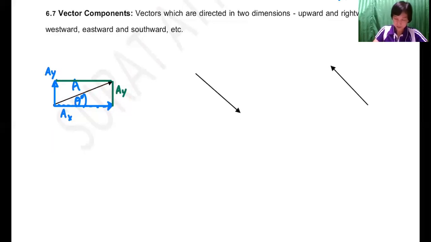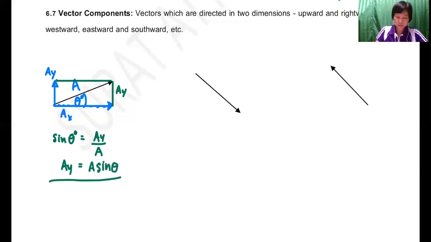Sine of any angle equals the ratio of the length of the opposite side, which is Ay, divided by the hypotenuse. The hypotenuse here is A, so I move A to multiply with sine theta, and I get Ay equals A sine theta.